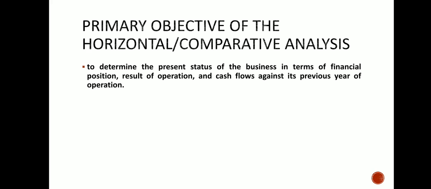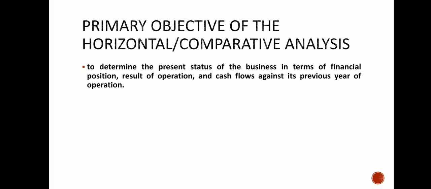So, the primary objective of horizontal or comparative analysis is to determine the present status of the business in terms of financial position, result of operation, and cash flows against its previous year of operation. Take note again that the horizontal or comparative analysis is conducted on financial statements with the same day and month but of different years.